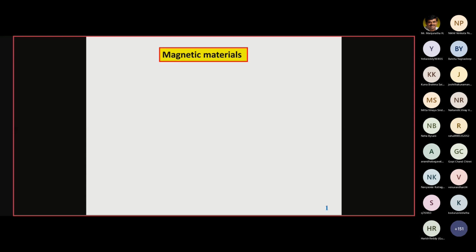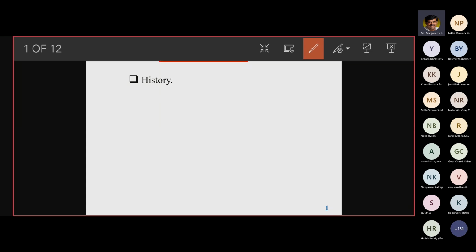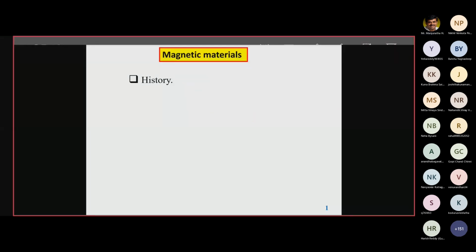We are studying a little bit of history. Definitely, students, history plays a very, very important role. Whatever you study, you should know the history of that, a little bit.